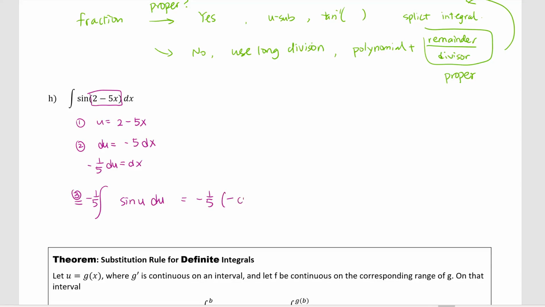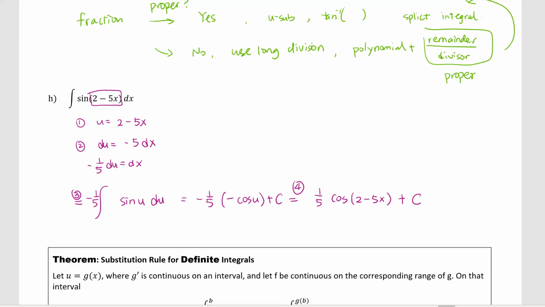So negative cosine u plus c. Well, negative becomes positive. And what is u? 2 minus 5x. Okay, so this is the answer, we plug our x back. So far, so good. So this is a U-substitution, and we worked on the indefinite integral.